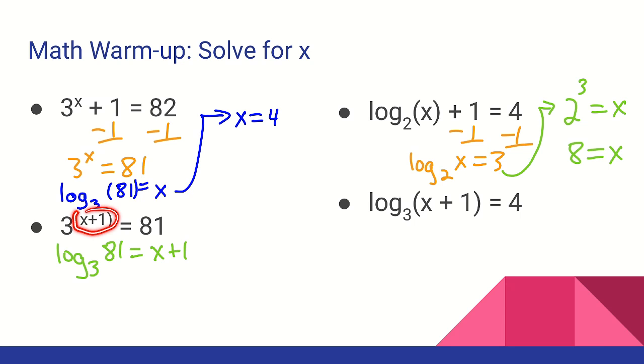So notice that my entire exponent is equal to the logarithm. And log base 3 of 81, well, we already saw that log base 3 of 81 is equal to 4. So this is 4 is equal to x plus 1. Subtracting 1 from both sides to isolate the x, and we have 3 is equal to x.